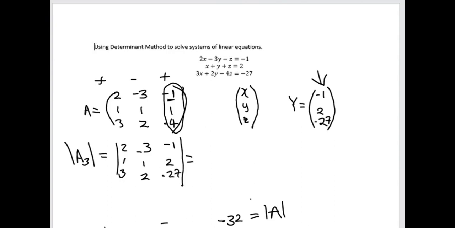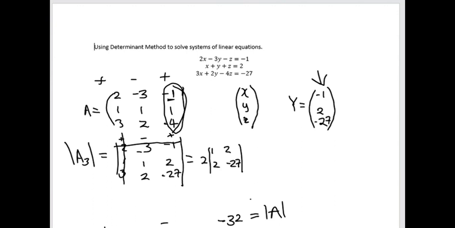This is equal to, so I'll start with 2, brackets. Okay, let me do it one after the other to avoid mistakes. 1, 2, 2, negative 27.